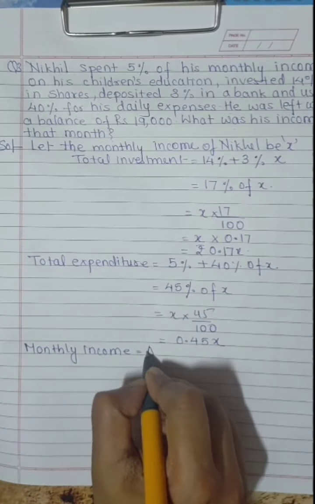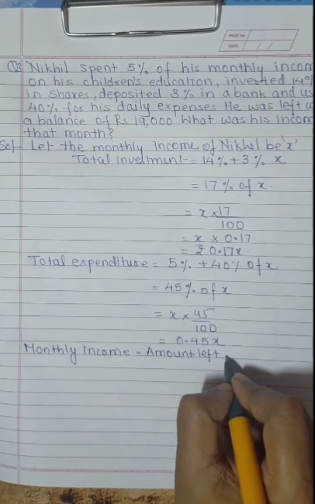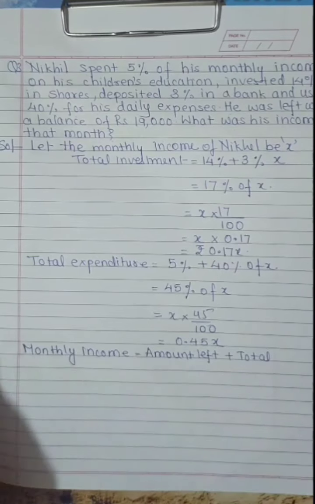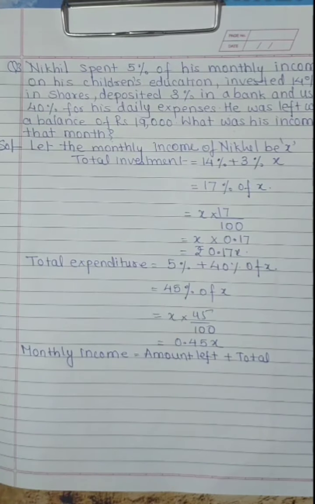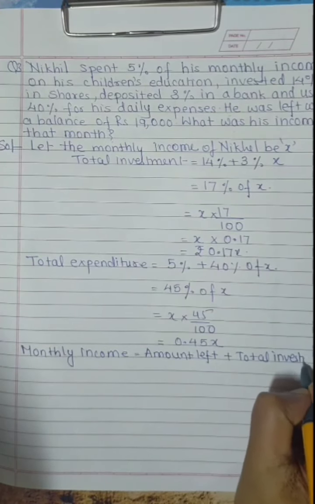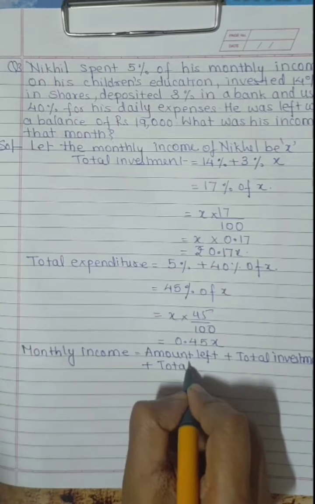Now we are going to write monthly income equal to amount left plus total investment plus total expenditure.